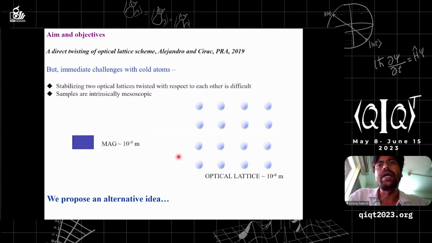But typically in cold gas, the distance between atoms is something like a micrometer. And then there are also scalability issues with optical lattices. You cannot create arbitrarily large lattices.